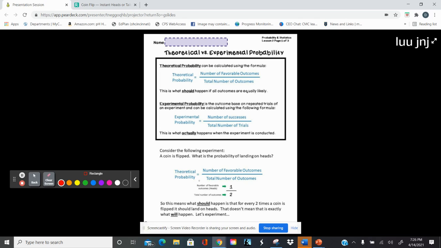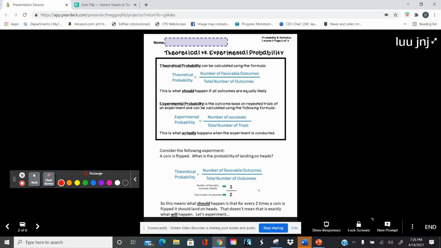However, the total number of outcomes is two because it can land on heads or it can land on tails. So if you were to plug that in, how they did it right here, how they did over here, then our probability would be 1/2.